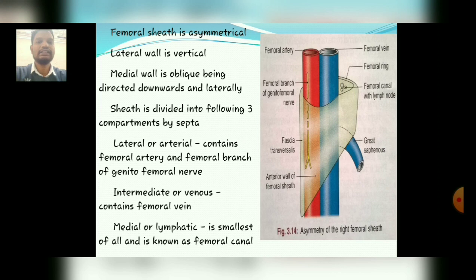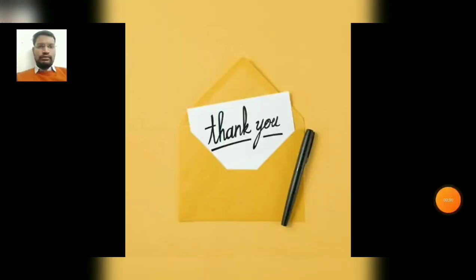As it is situated as a ring, it is known as the femoral ring, and the nerve present in the canal is the femoral branch of the genitofemoral nerve. Besides this, there is the opening of the great saphenous vein along with the fascia transversalis.